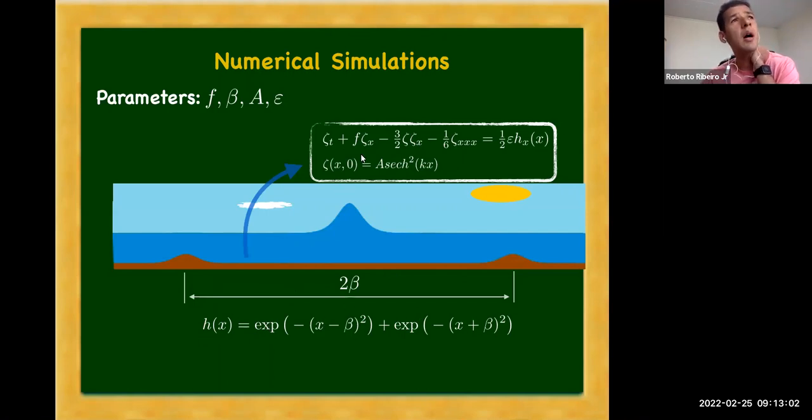In order to carry out numerical simulations, we need to control 4 parameters: f, which is the perturbation of the fluid number 1; beta, which controls the distance between the bumps; capital A, which controls the amplitude of the initial wave; and the parameter epsilon, that controls the nonlinearity, the dispersive effects, and the topography at the same time, which appears here in the equation.